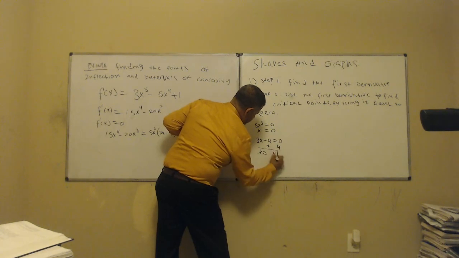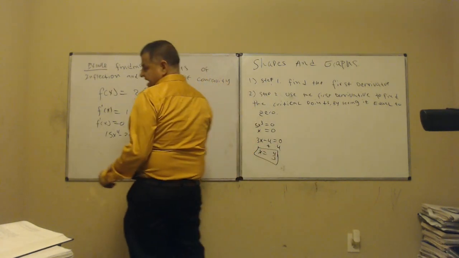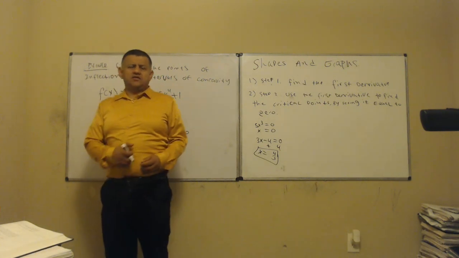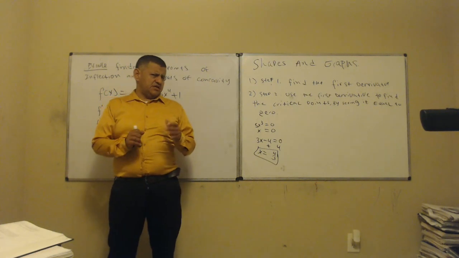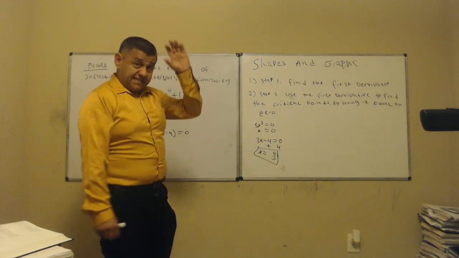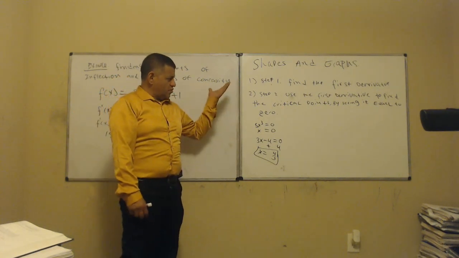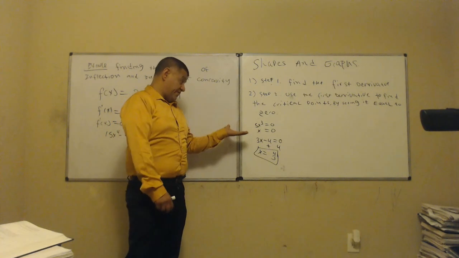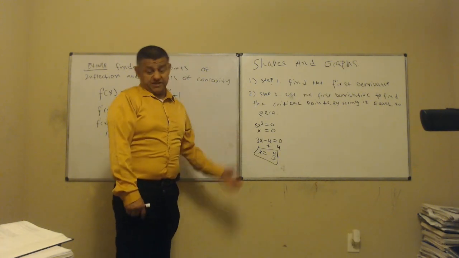Those are the critical points of the first derivative. It's good to have this information because eventually, if the second derivative test doesn't pass, we have to refer to the first derivative test, and we have to use the critical points.